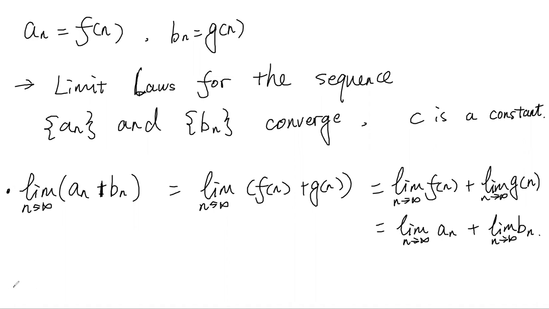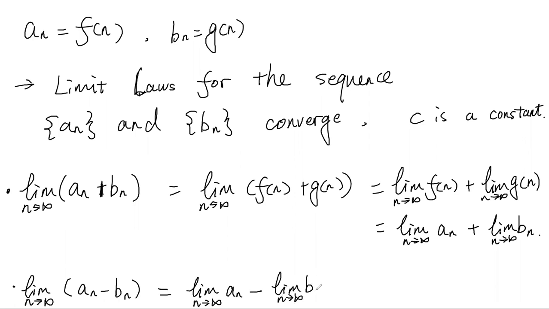Similarly, using a similar argument, the limit of the difference between the two sequences is equal to the difference of their limits. Then for scalar multiplication, the limit of the scalar multiple of the sequence is equal to c times the limit as n goes to infinity of a sub n.